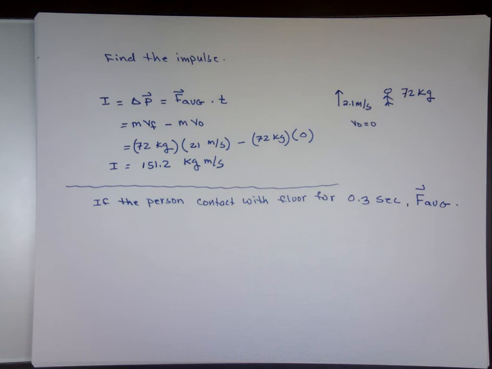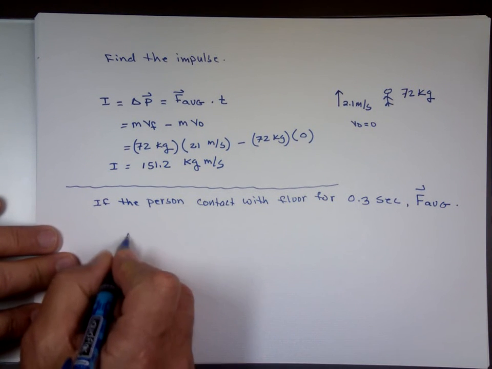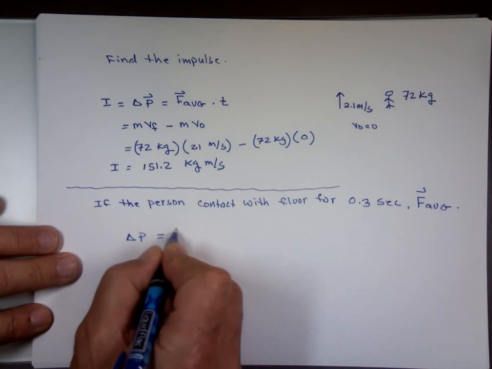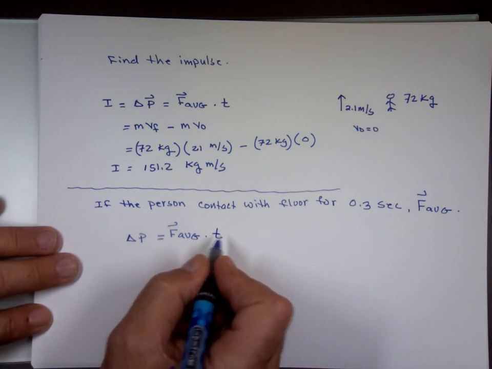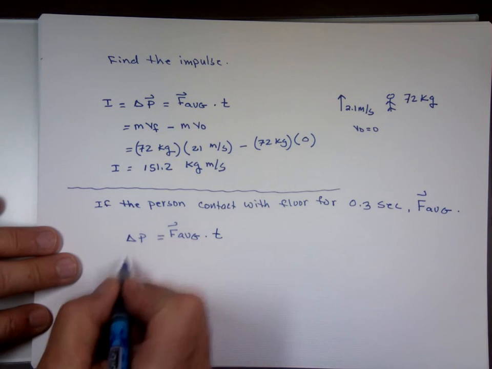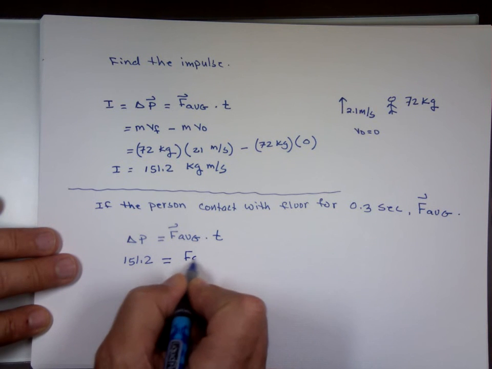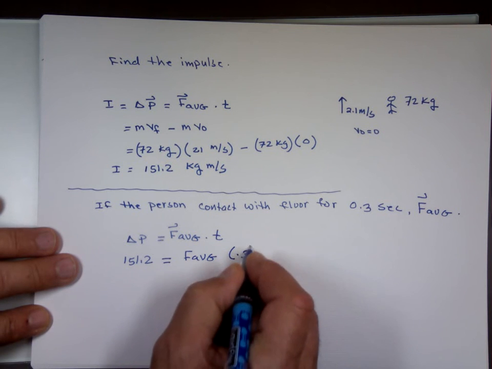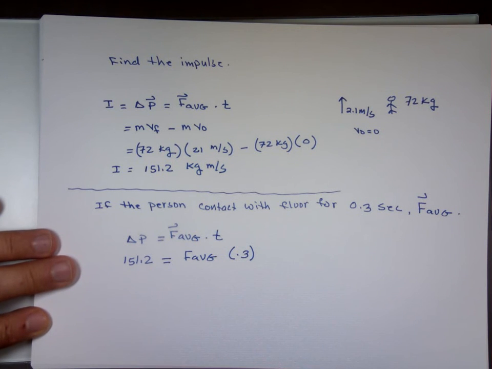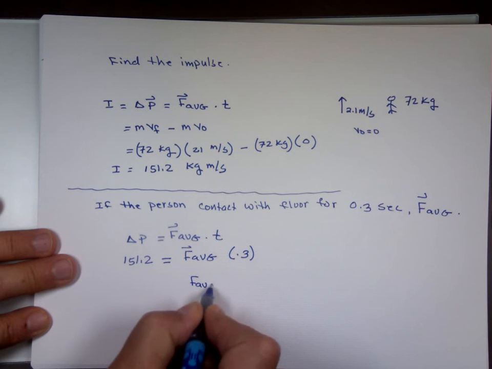Let's see. Change in momentum equals F average times t. Change in momentum, we calculated that. It's 151.2. F average is from the top part, from here. We know the time was 0.3. So what's the average force? 151.2 divided by 0.3.